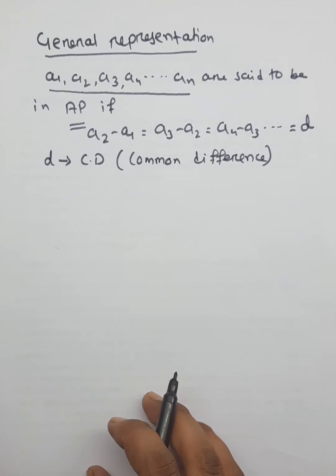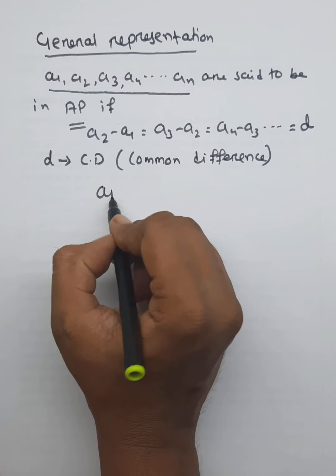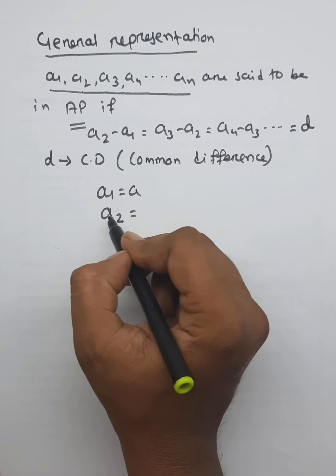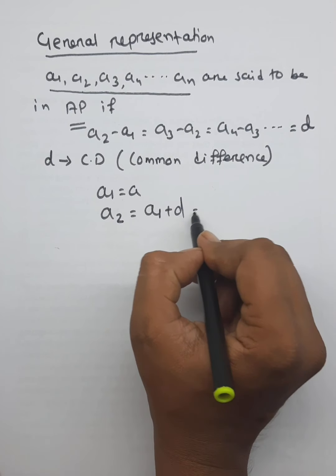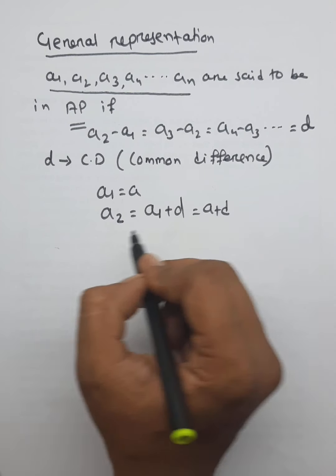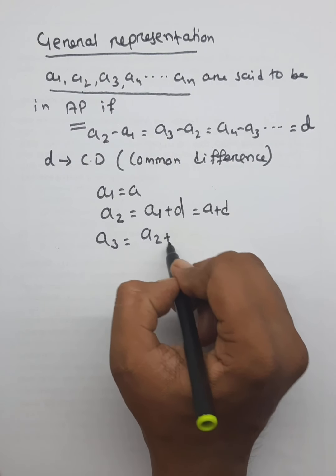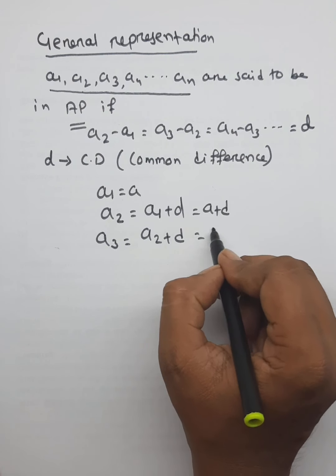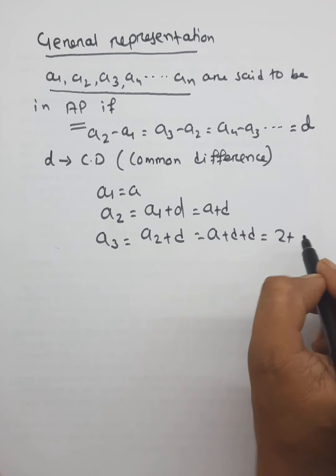See, if the first term is A, then how can we get the second term? If we add D to the first one, that is A plus D. The third term we can get by adding D to the second, so A3 is A plus D plus D, which will be A plus 2D.